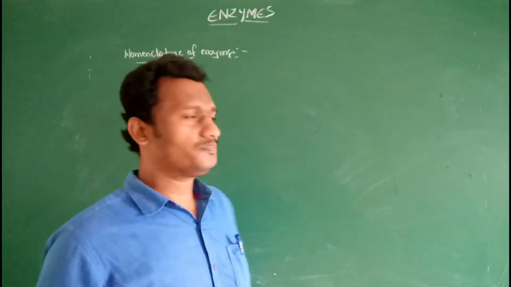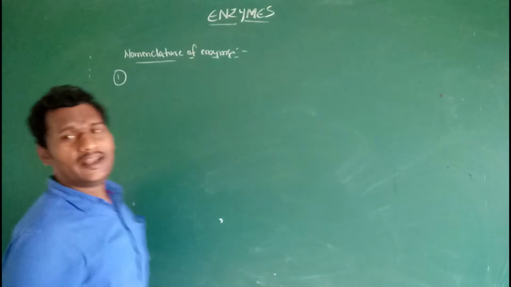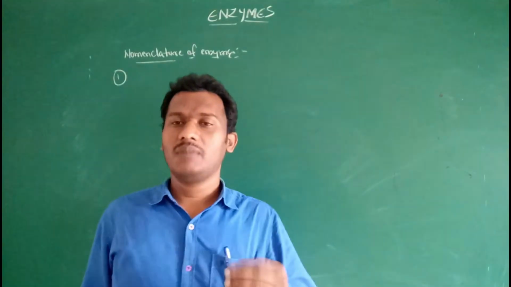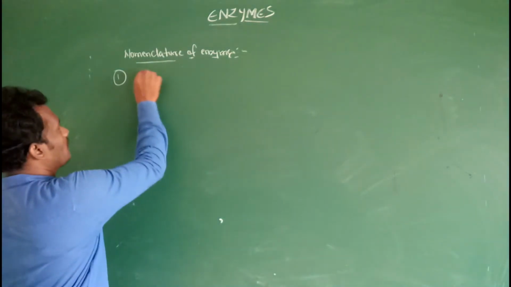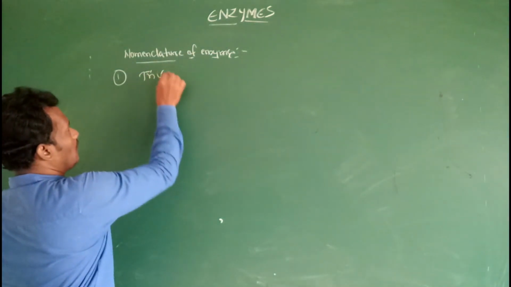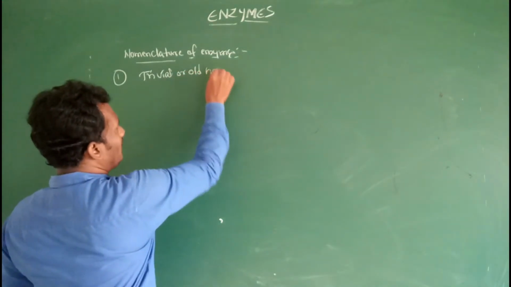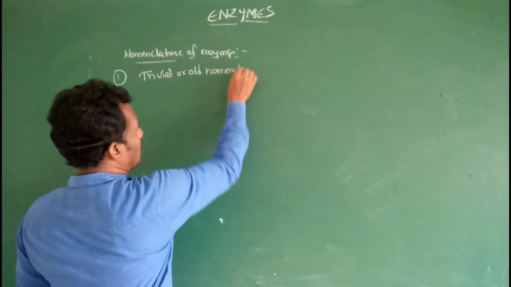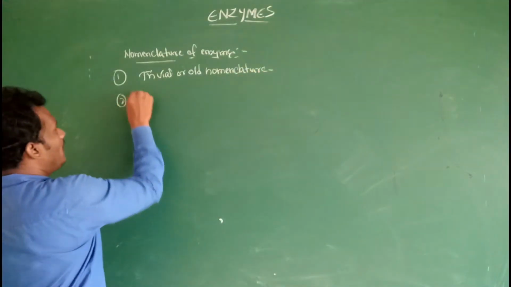So first one. Names are provided to enzymes by three methods. These are trivial nomenclature, trivial or old nomenclature. Then second one, recommended nomenclature.